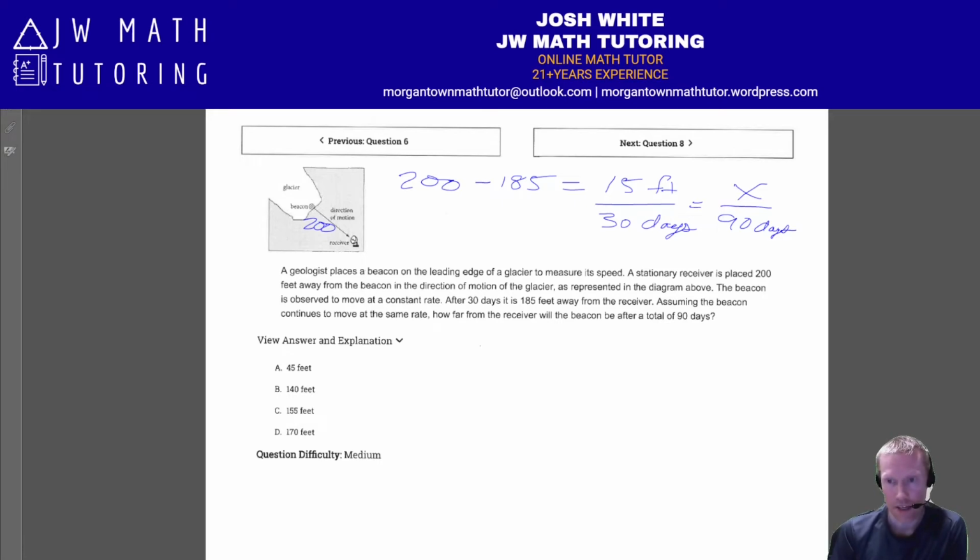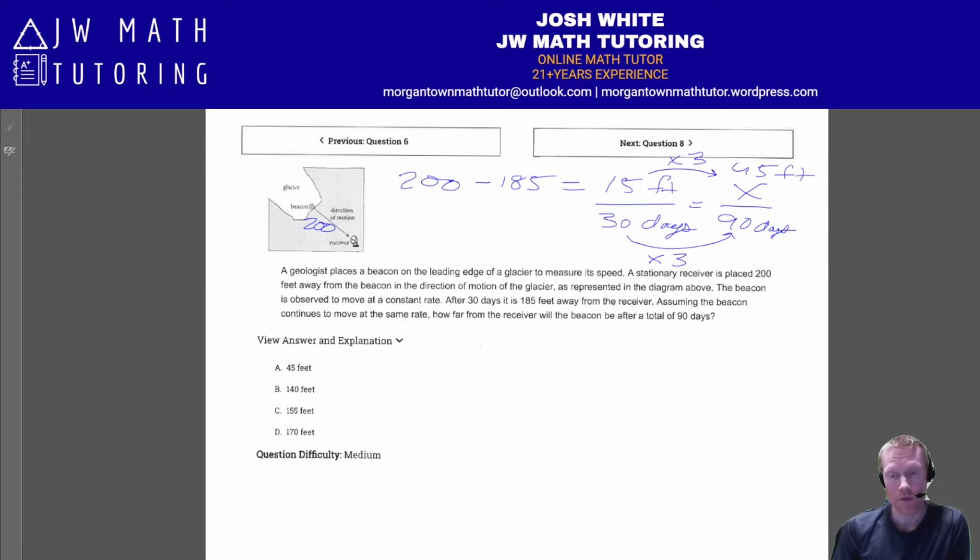Either A, that the scale factor here between the left side and the right side is just 3. In other words, 30 days to 90 days is times 3. So you just multiply 15 feet times 3, and that would give you 45 for the number of feet that it moves over 90 days.